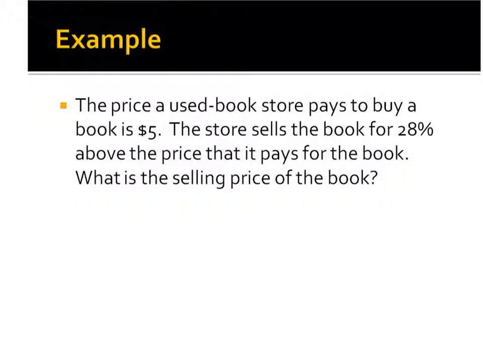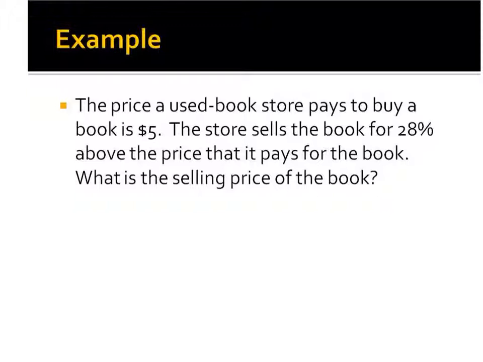So the price a used bookstore pays to buy a book is $5. The store then sells the book for 28% above the price it pays for the book. What's the selling price of the book? So one great strategy when you are doing problems like this is you can do these two ways. You can do a two-step problem, which is what most people do.